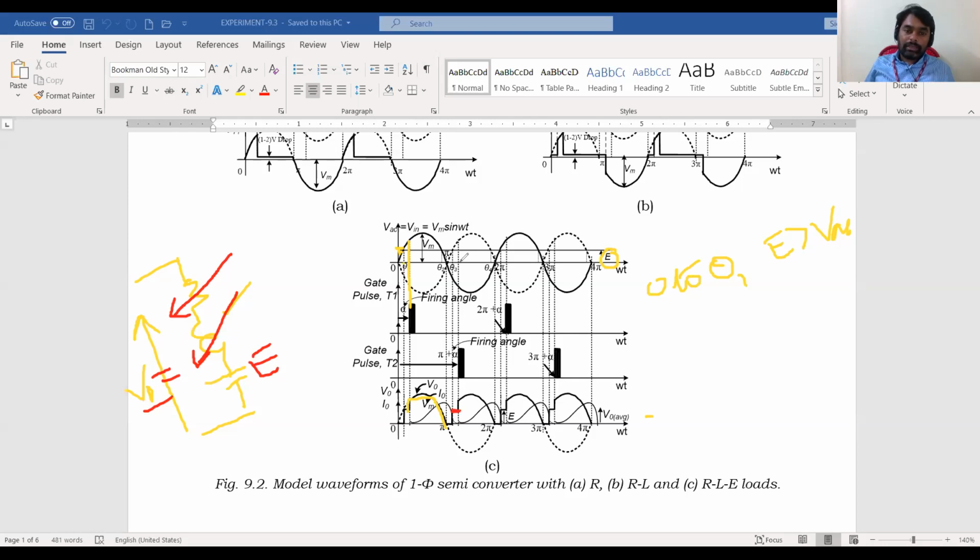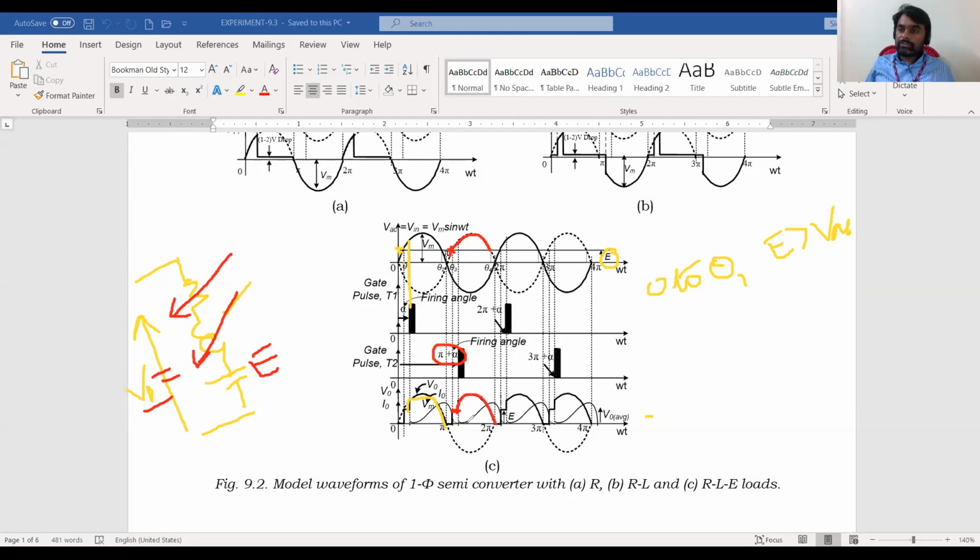Similarly, during the negative half cycle, in order to trigger the thyristor, make sure that pi plus alpha is more than theta 3. Because from pi to theta 3 the battery voltage is more, but after this theta 3 your input voltage is more. Then power flow is possible from source to load. If I trigger T2 from this point, the output voltage follows the input voltage.